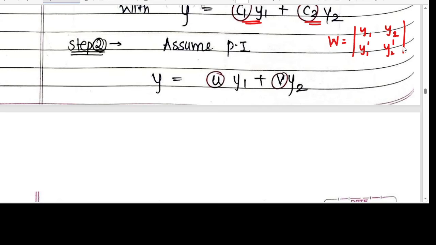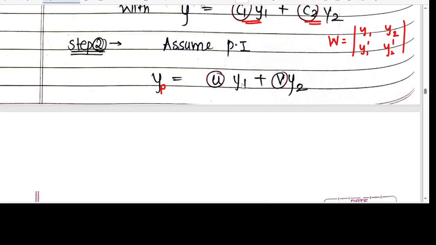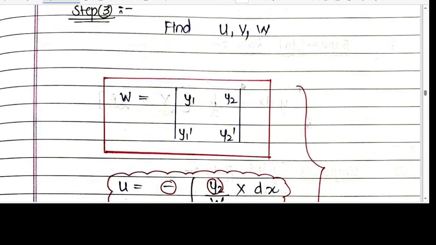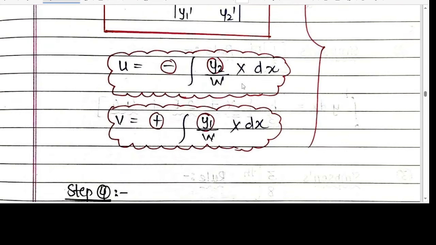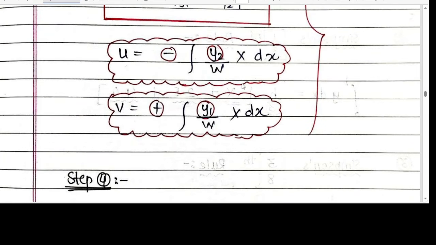We know that we have to assume u into y1 plus v into y2, and here we have to find u and v, right? This is the same W. So the formula to find u and v is: u is equal to, remember here a minus sign is there, minus integral y2 upon W into capital X into dx.